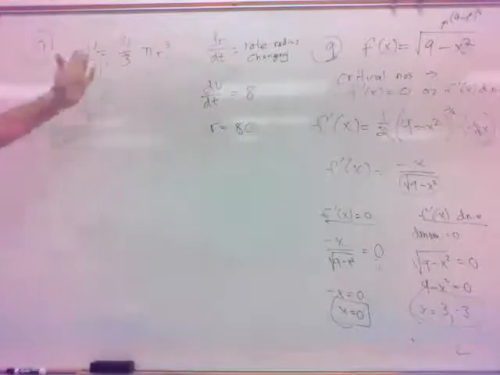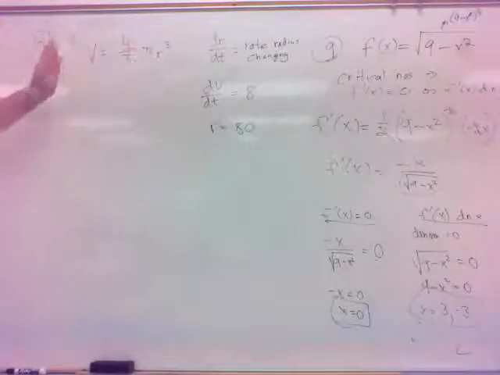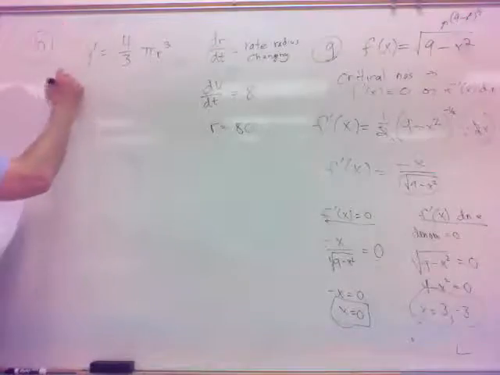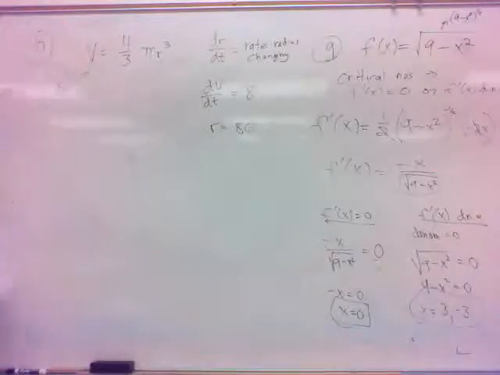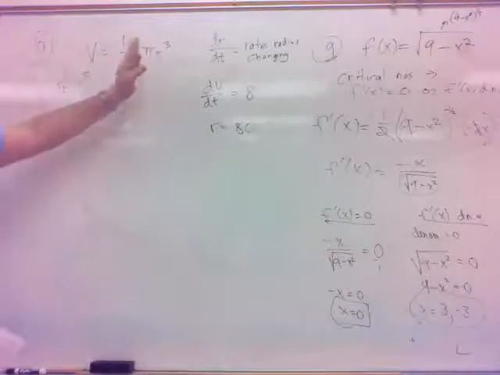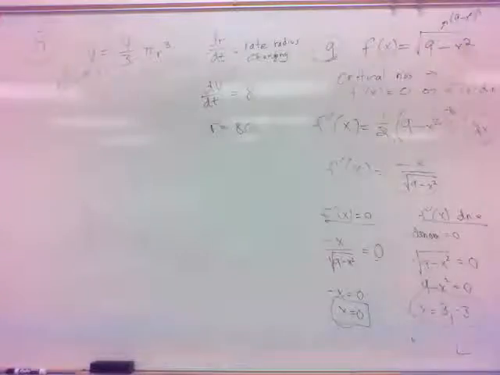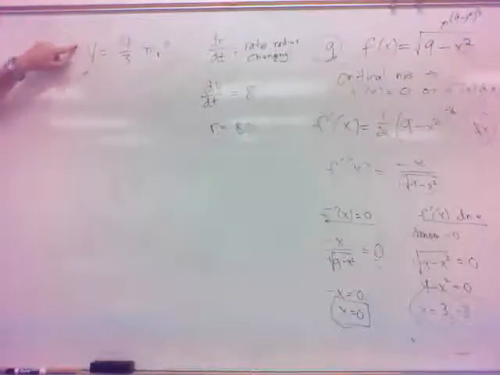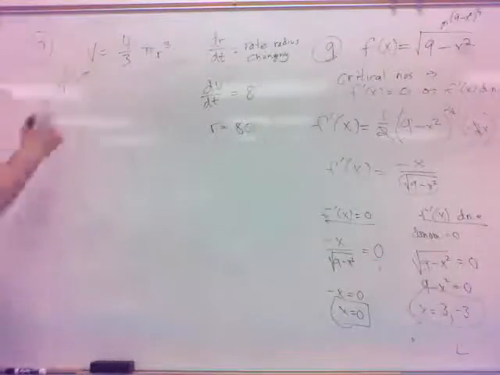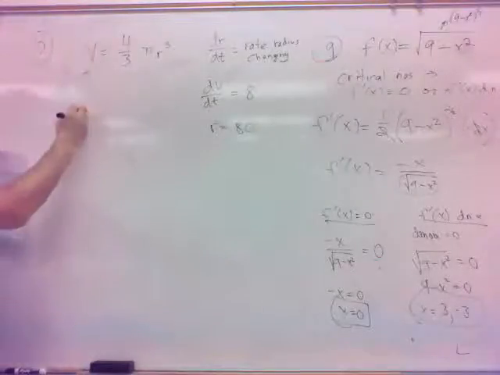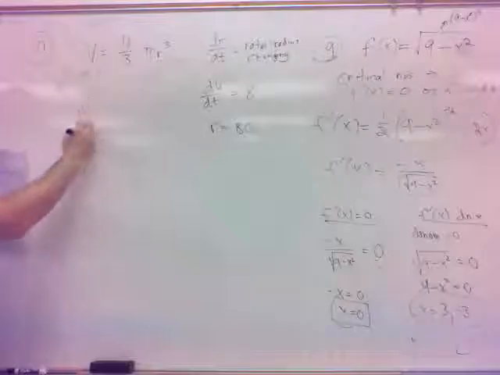So I d/dt both sides, right? If I want dr dt, I better d/dt both sides. So if I d/dt the v side, what does that give us? dv dt. The derivative is just 1 with respect to t.